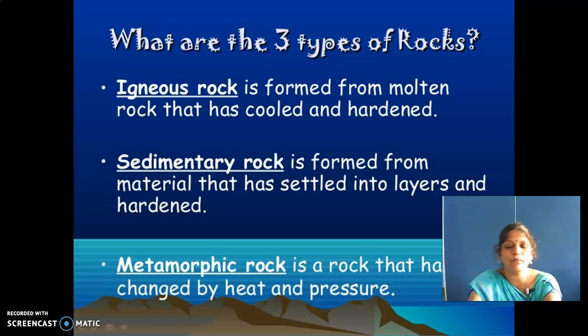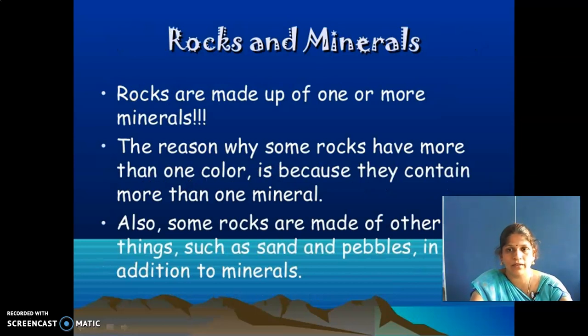Here, when molten magma cools, we get rocks. Rocks and minerals: rocks are made up of one or more minerals. The reason why some rocks have more than one color is because they contain more than one mineral.